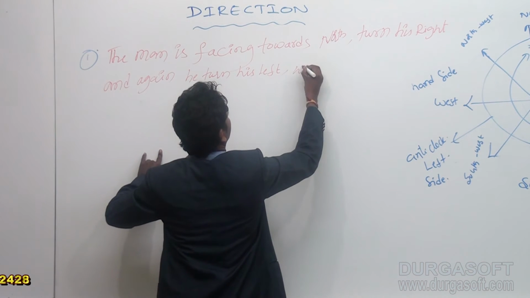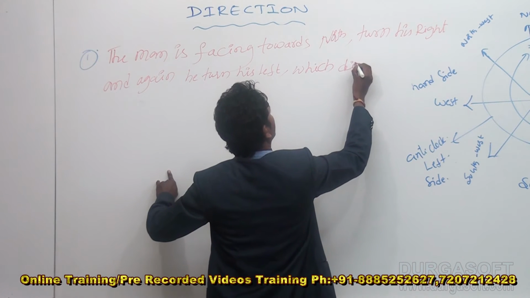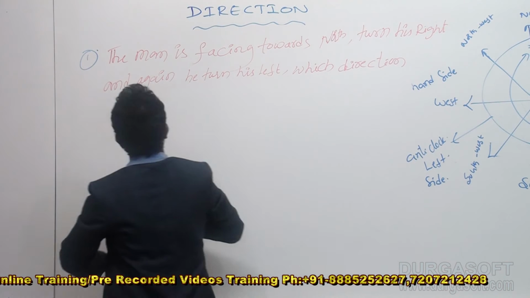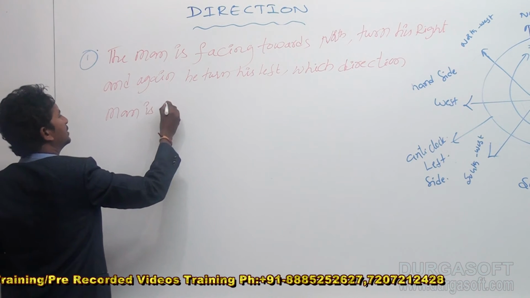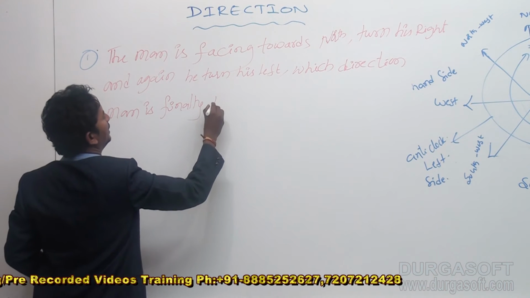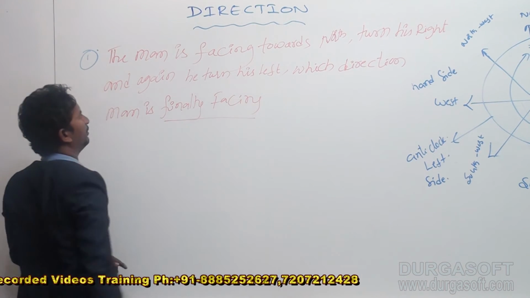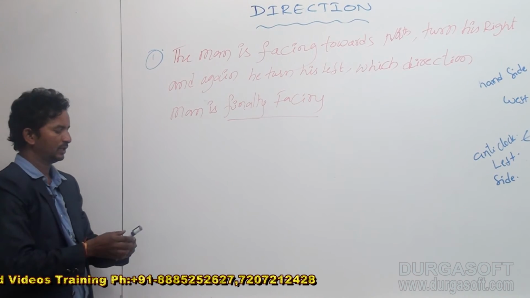Which direction is the man finally facing? The question for type 1 is, which direction is the man finally facing?